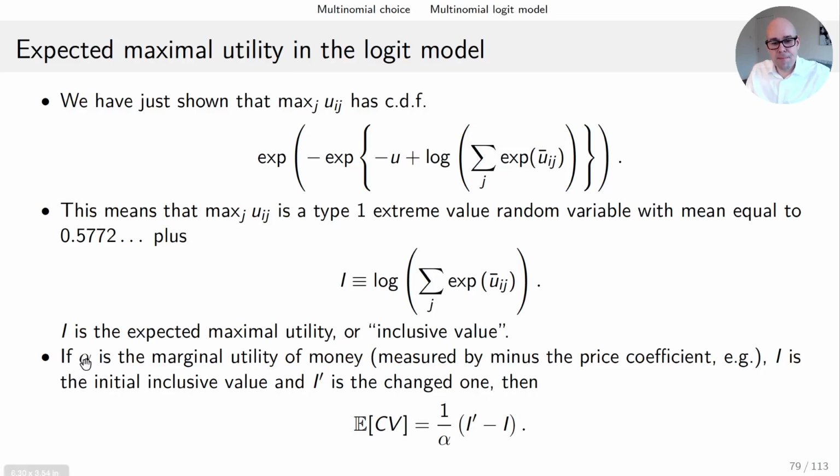So if this is alpha, then I can just divide by alpha in order to transfer units of utility, utils. And this is the difference in utils. I'm translating this into, at the end of the day, the expected compensating variation, because I'm looking here at the change in expected maximal utility. And that's just fantastic as far as I'm concerned. So what I can do is I can really find out how much it is worth to somebody that the choice set has changed.